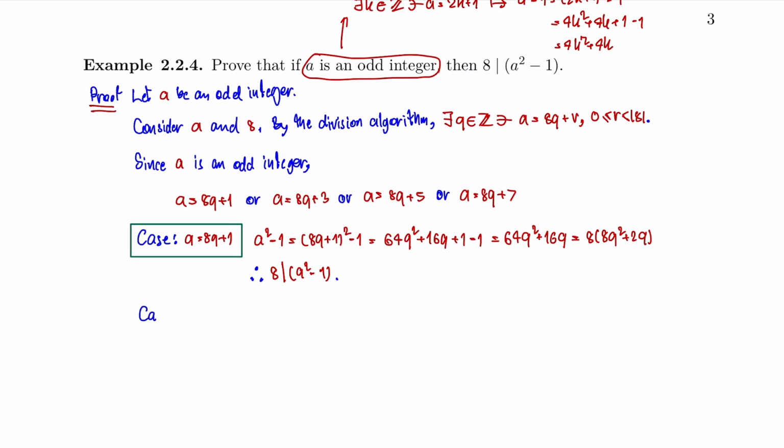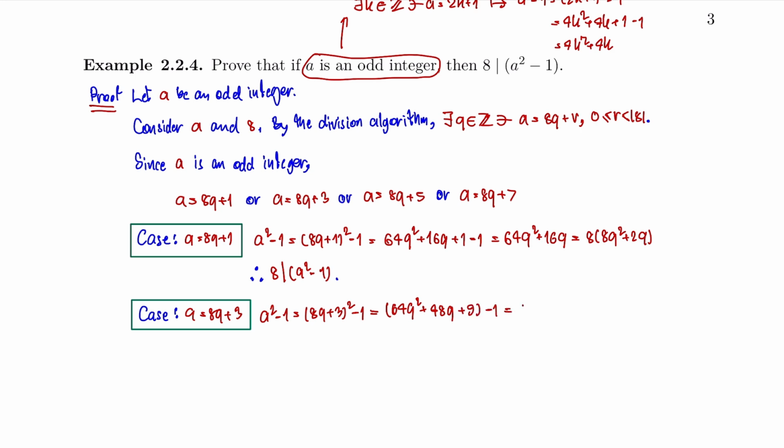Now let's go to another case, the case where a equals 8q plus 3. For this case, we're going to have a squared minus 1 equal to (8q plus 3) squared minus 1. Then we have 64q squared plus 48q plus 9 minus 1.